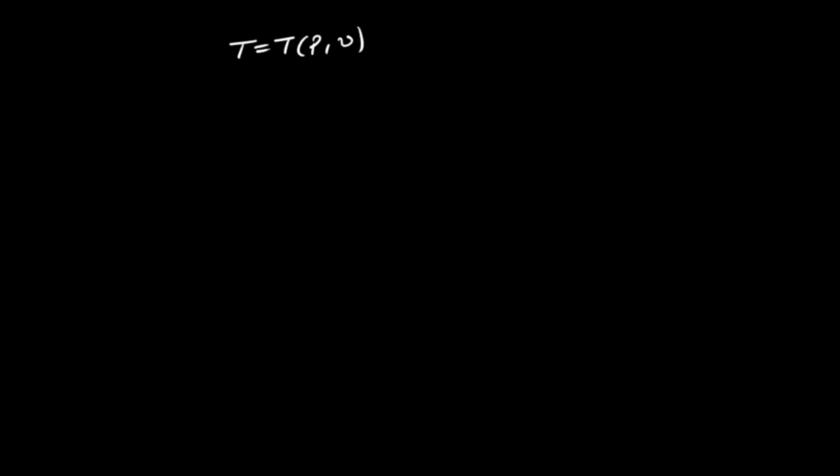So T can be, for example, phi in the previous equations. And this function T is such that if any two systems are in thermal equilibrium, then they are characterized by the same value of this function T, which depends upon the two properties which we have taken as p and v.